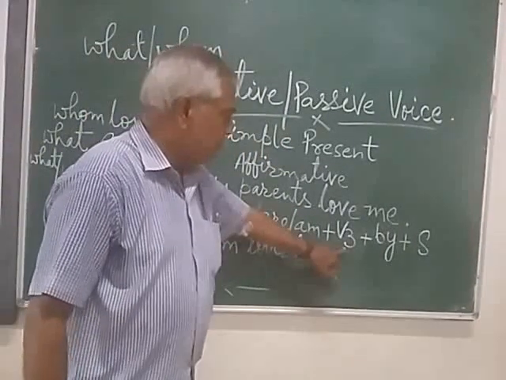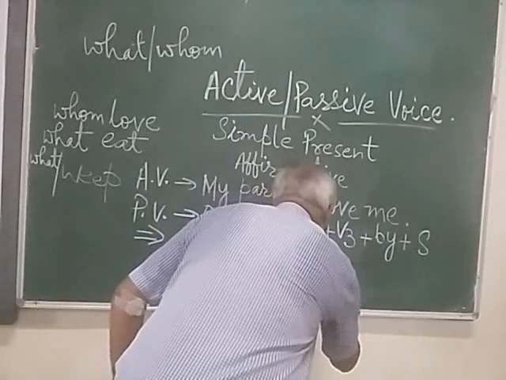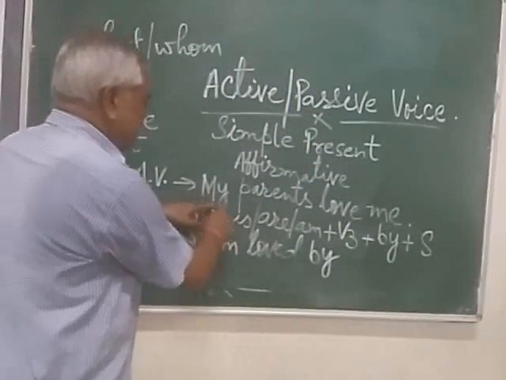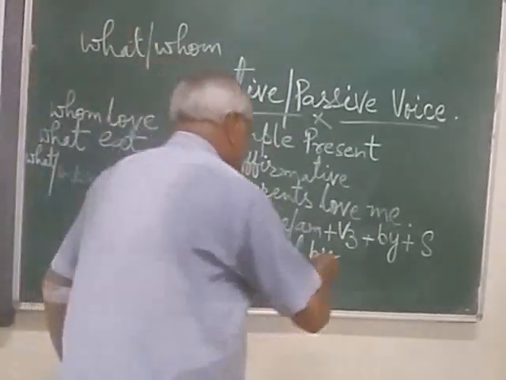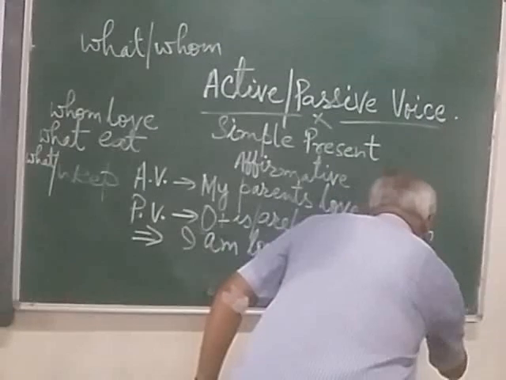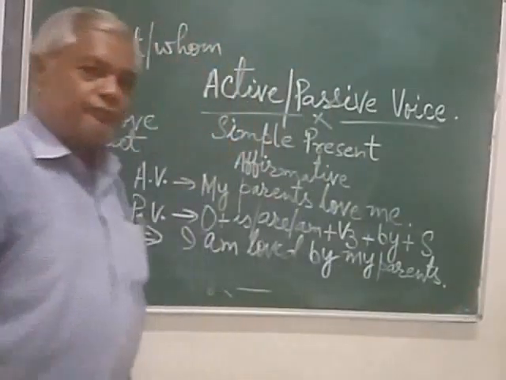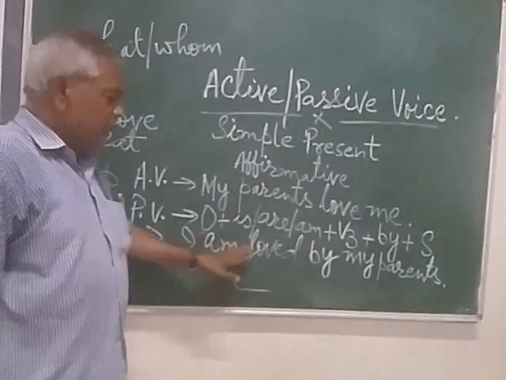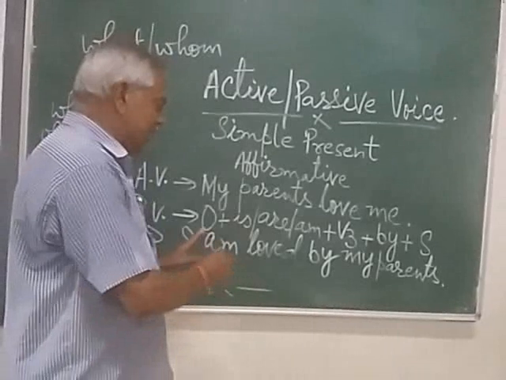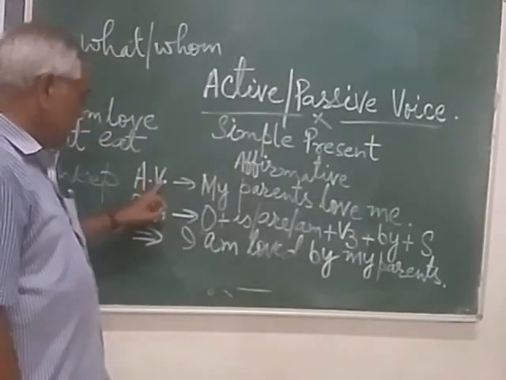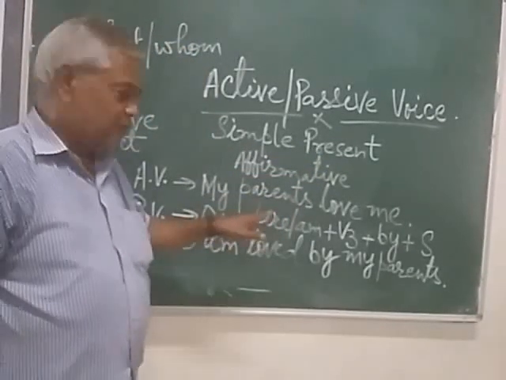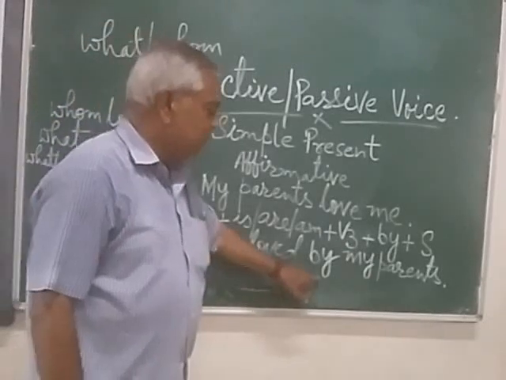And then after by you have to write the subject, here my parents. So there is one sentence: I am loved by my parents. So this is how to change from active voice to passive voice in the case of simple present tense. I am loved by my parents.